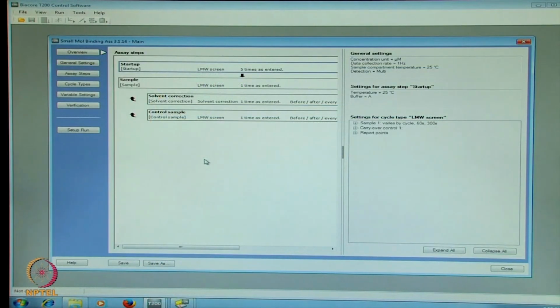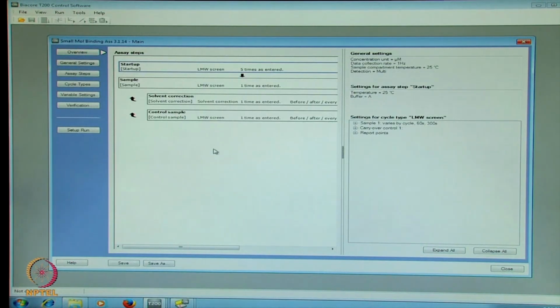Here we will set up our experiment to check the interaction of some small molecules binding to carbonic anhydrase and human serum albumin.